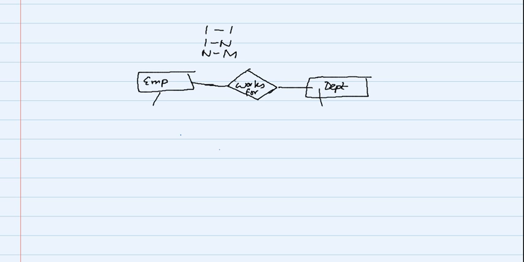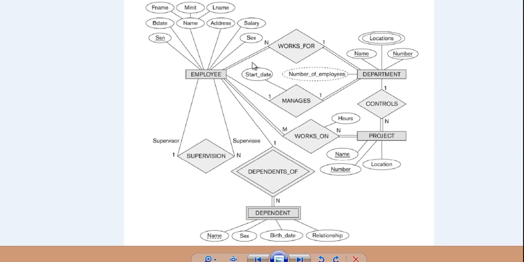Suppose you think about it logically: one department has a lot of employees, right? So many employees can work for one department, but many departments can't have just one employee. So we can write many employees can work for one department. For example, let's look at this diagram.